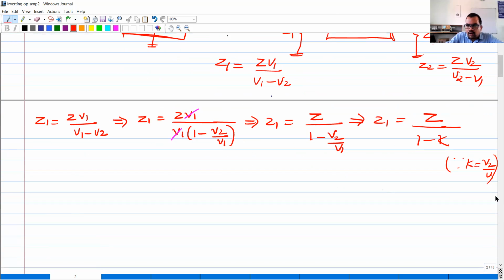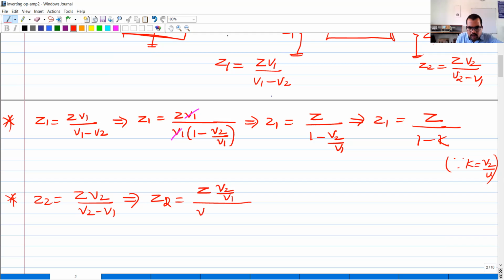Similarly, I want to calculate Z2, where Z2 is equal to Z into V2 by V2 minus V1. In this case, I divide numerator as well as denominator by V1: Z times V2 by V1 divided by V2 by V1 minus V1 by V1.